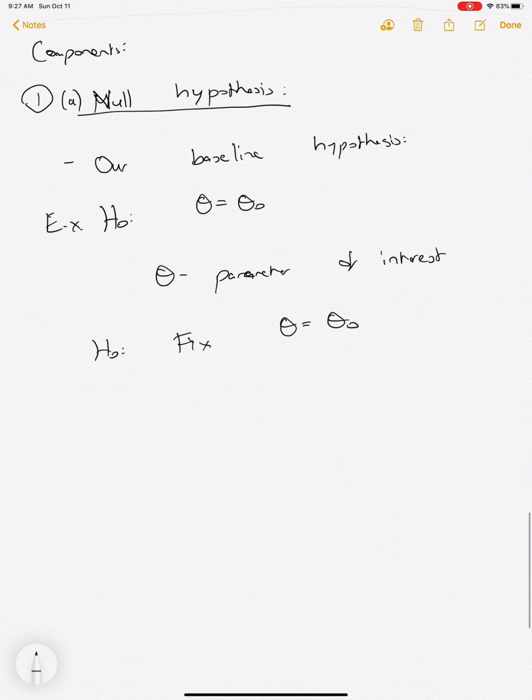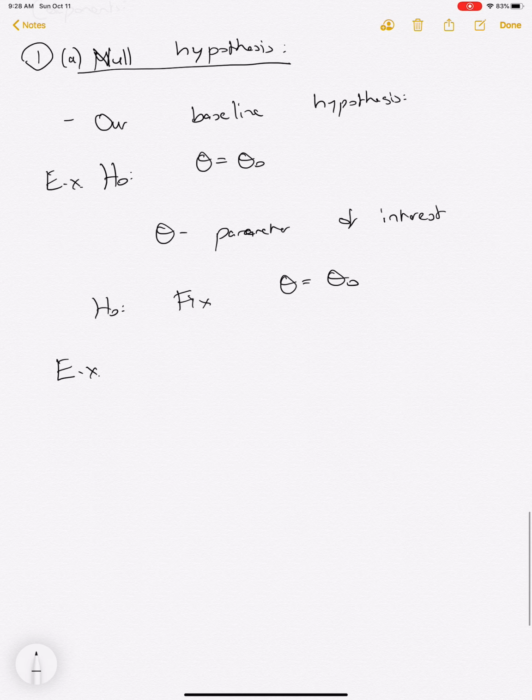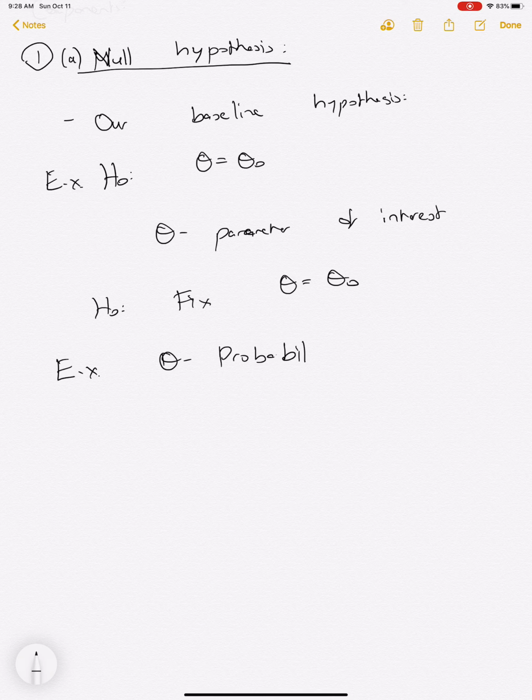Just to relate that back to the example, you might assume that theta is the probability of voting Republican.